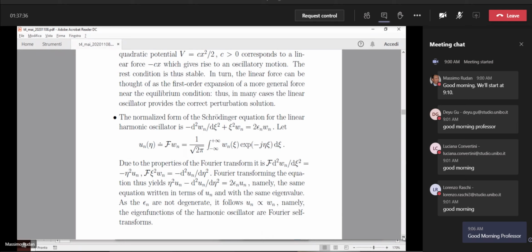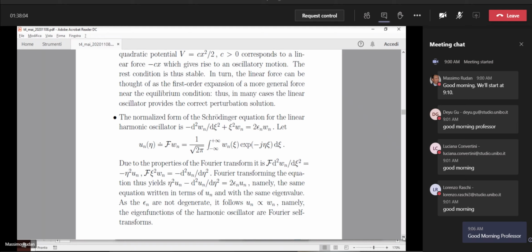You see it in the text. It is eta squared un minus the second derivative of un with respect to eta, equal to 2 times the eigenvalue epsilon n times un. So this equation is formally identical to the original equation.